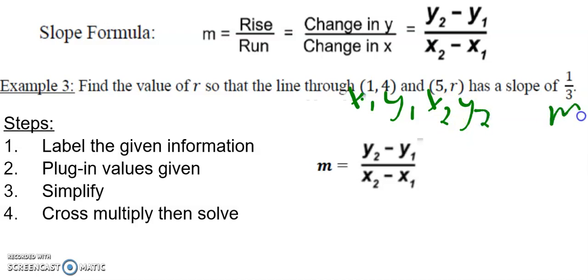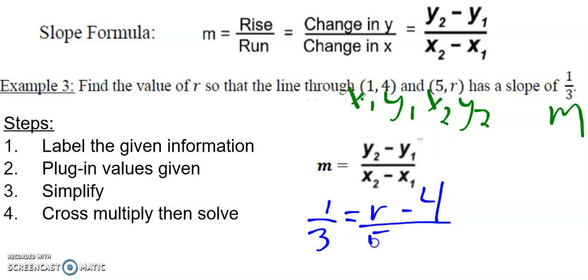And my slope is m. Step 2, plug the numbers into the formula. So m, 1/3, equals y2, r, minus y1, 4, divided by x2, 5, minus x1, 1.